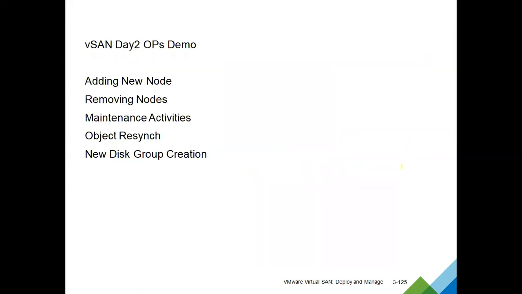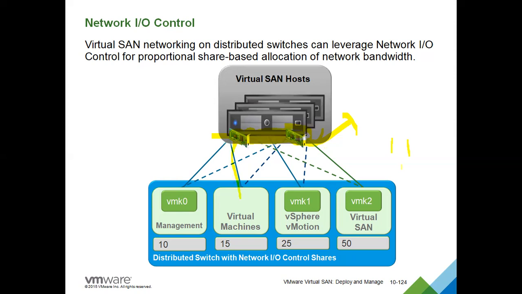Yes, because if we reserve 50% of our NIC bandwidth for VSAN, it might affect the virtual machine. That's why with this 2 NIC 10 GB configuration, we have dedicated one active NIC for VSAN. For the rest of the traffic, the dotted line means standby. If this NIC fails for some reason, we have to manage all the traffic from this one, but we still have to keep priority for VSAN traffic.